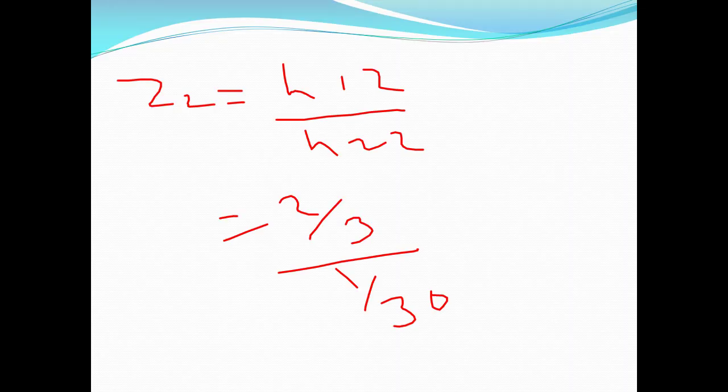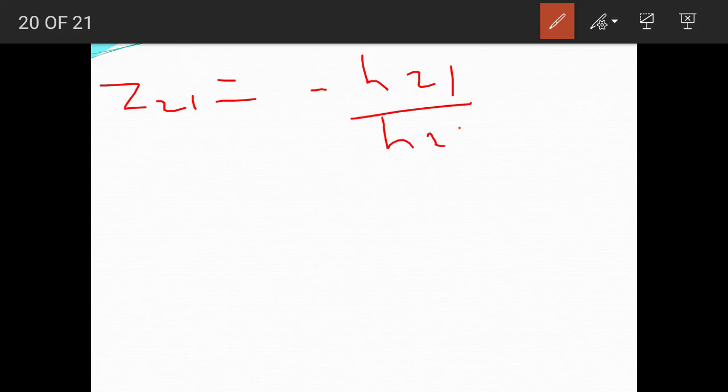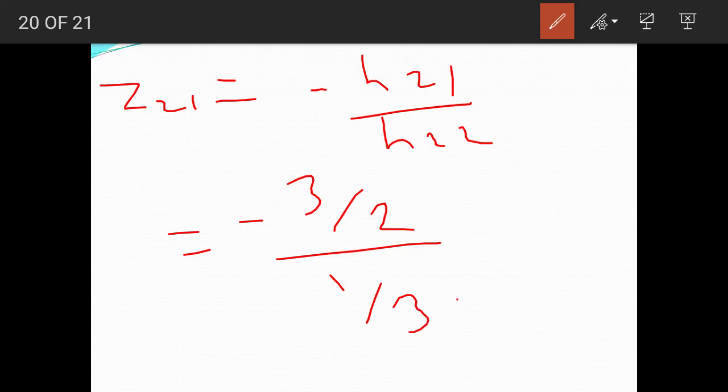Z21 is equal to minus of H21 upon H22. Value of H21 is 3 upon 2 and value of H22 is 1 upon 30.